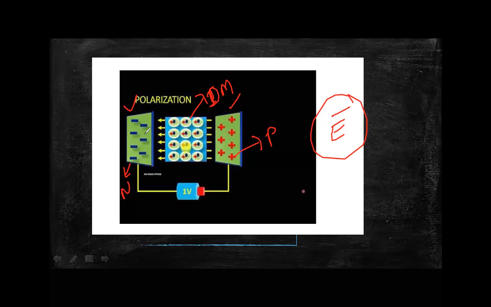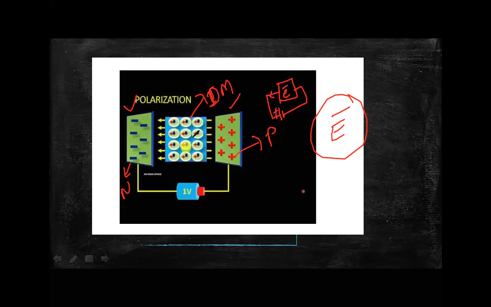No, it's completely opposite. Electrons should not go to negative, they should go to positive. In general, an electron should be attracted by the positive plate. But in dielectric material, it's a completely reverse process, it's forced.